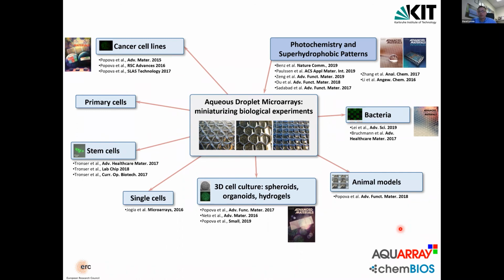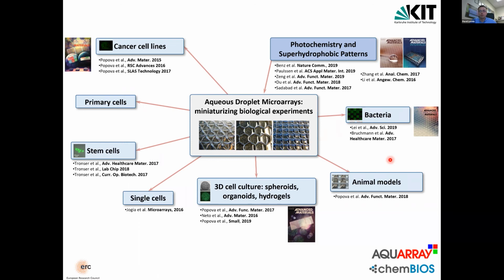So from cells isolated from biopsies, just a few thousand cells, you cannot use microtiter plates that are usually used for these experiments. So there's a big problem there, and with this miniaturized platform, we can potentially solve this problem. So we are collaborating with some hospitals and research centers, pharma companies to investigate this, to try to make a product.